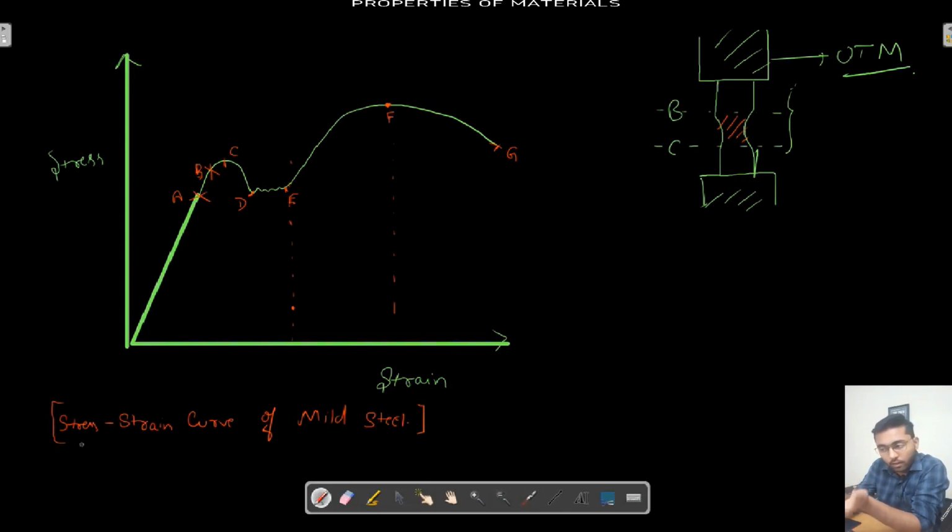So mild steel is that much useful because we can study most of the critical points in mild steel only. Alright, so now let us start discussing each and every point. Let's see what these points actually stand for. I'll be naming them and then we'll be discussing every point.